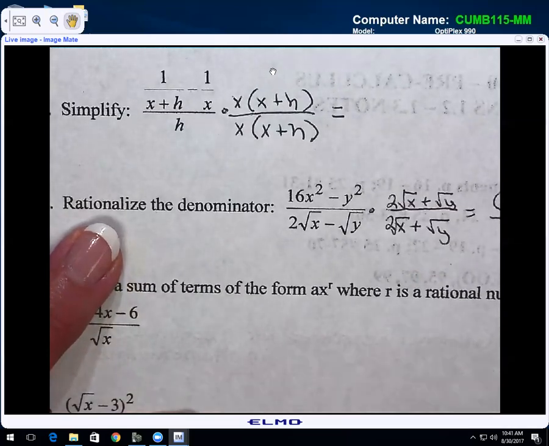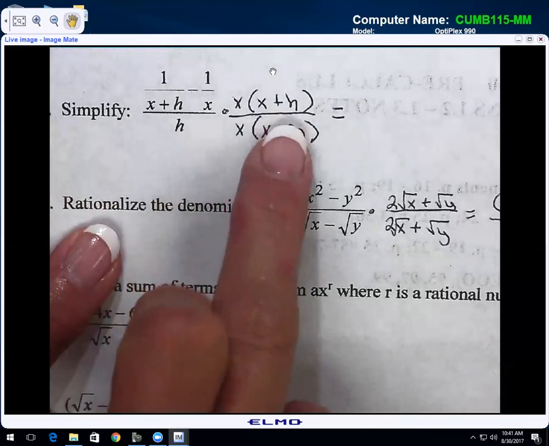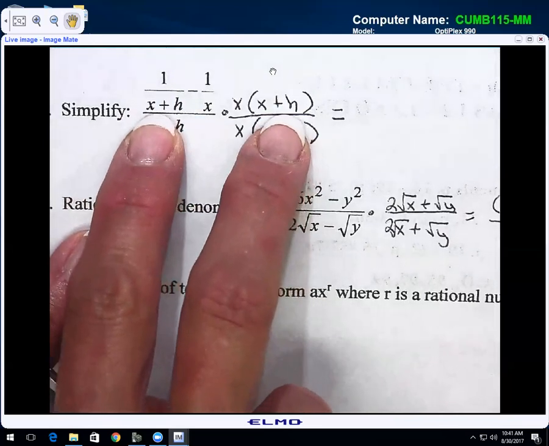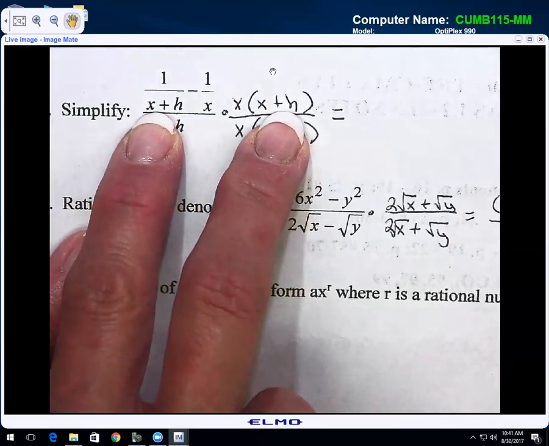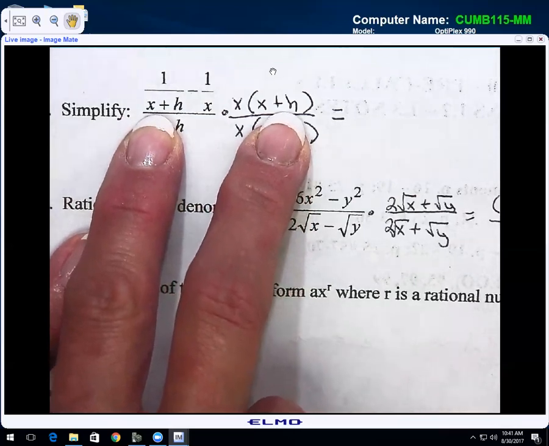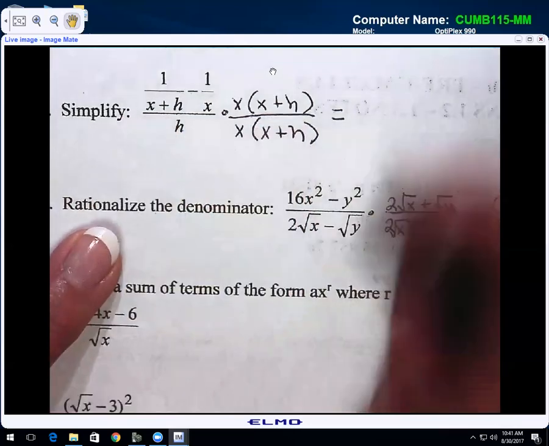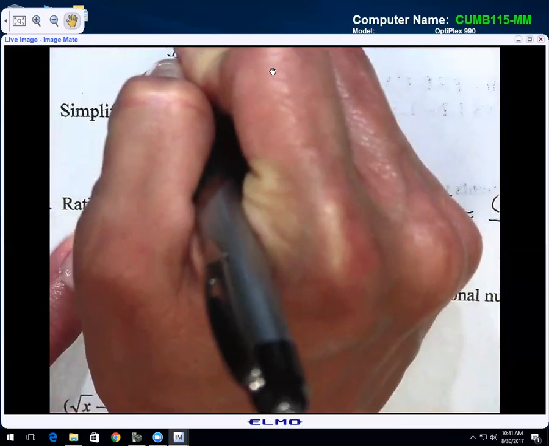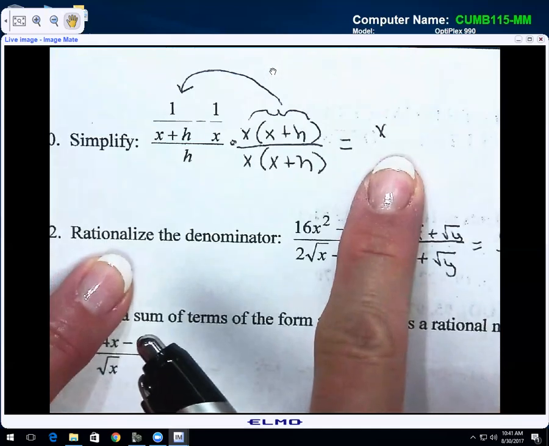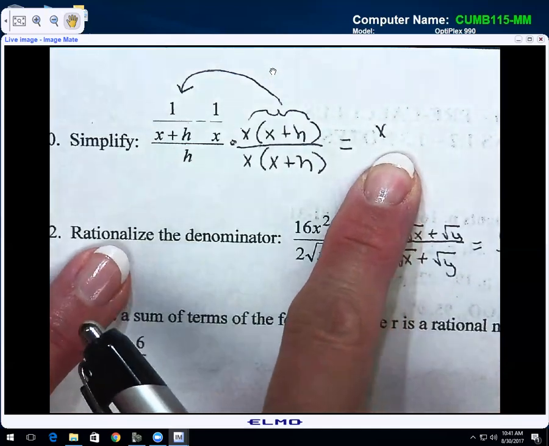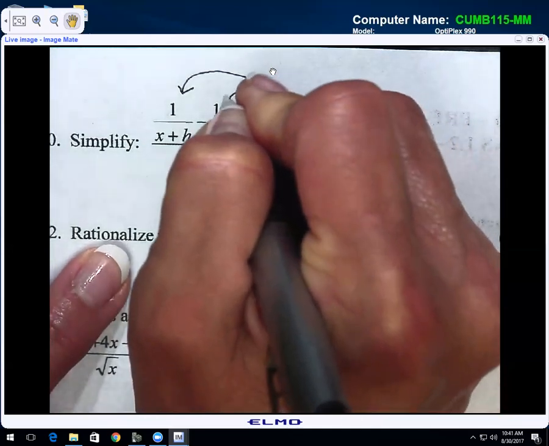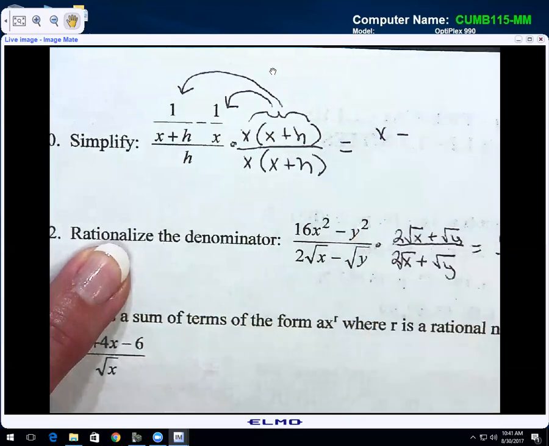And we're going to try to skip that middle step. We're going to say when we multiply that LCD times this first term, what cancels? X plus H, and what are you left with? Just X. When you multiply this LCD times the second term, what's left?